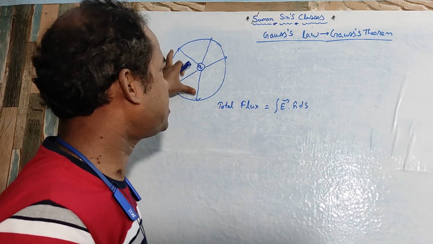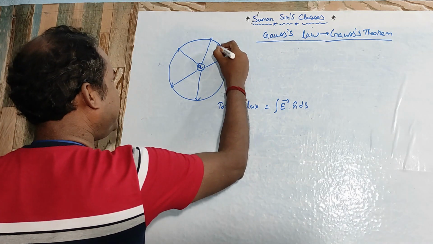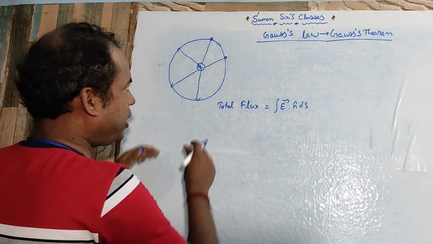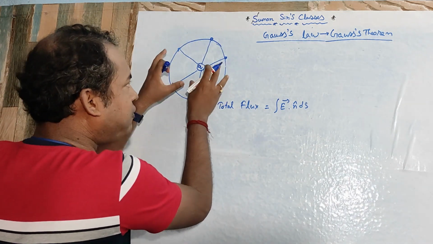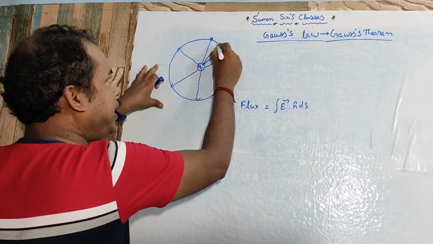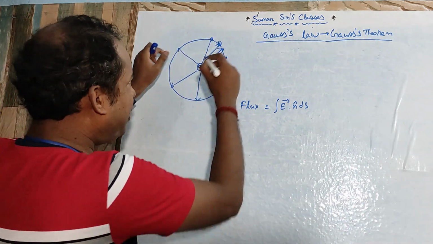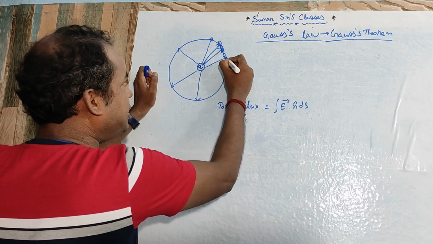Now within this Gaussian surface, if I consider a number of elementary areas present over there, the total flux linked with the surface is because of the number of electric field lines emitted. Here we consider small areas, a number of small areas added together.